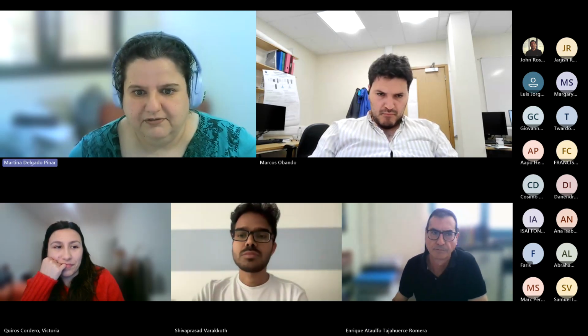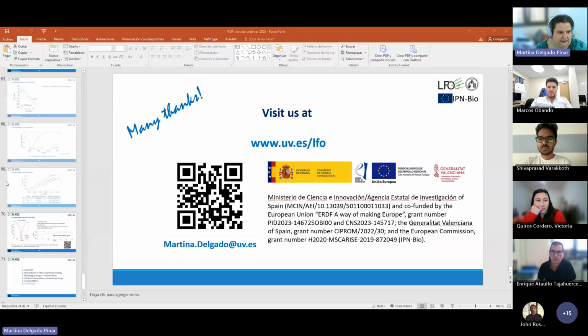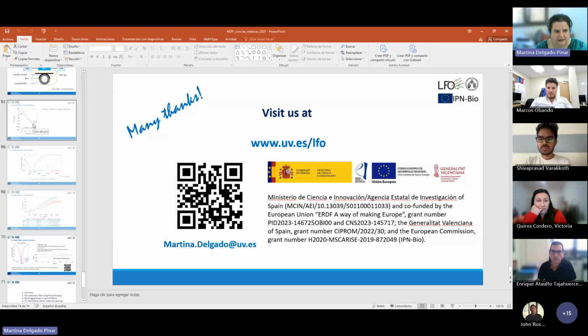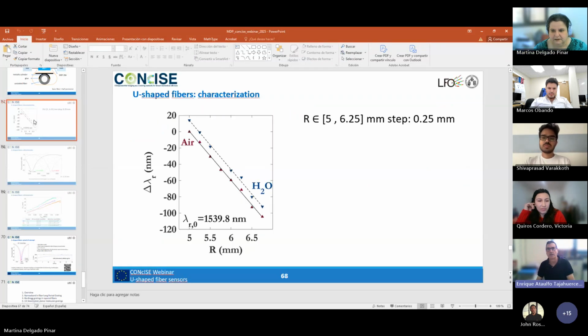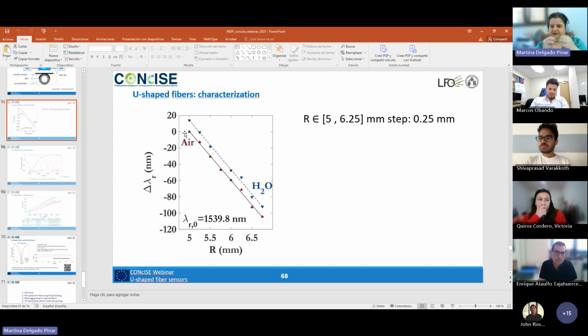Yes. Let me show you. For example, here, can you see this one? Yes. Here you can see that we measure this for different radii, and also with different external index, to see how they behave. We also tried different lengths of the strip section, but that was not so important.